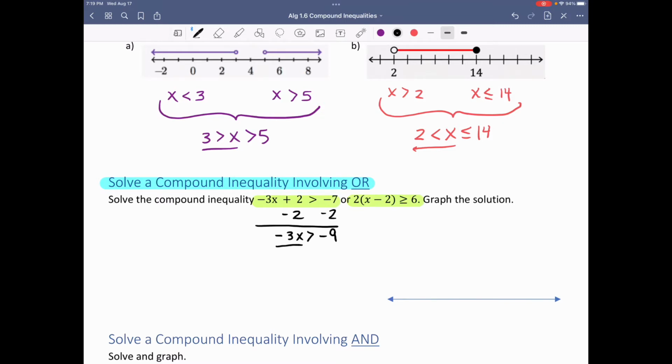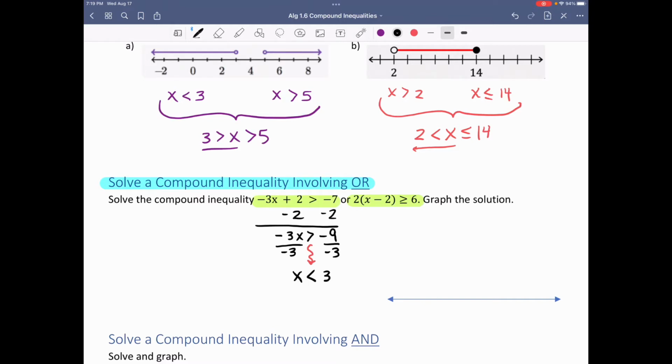Now, when I say divide by a negative, you should be thinking, oh, that means we have to flip the inequality. So this symbol is going to flip. Instead of greater than, it's going to be less than. Negative 3's cancel. We have x is less than. Negative 9 divided by negative 3 is positive 3.